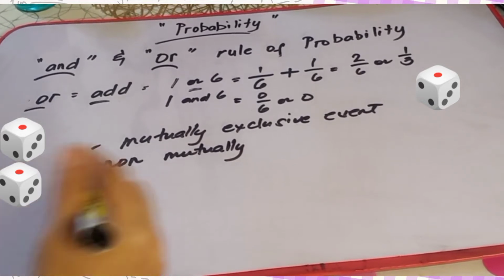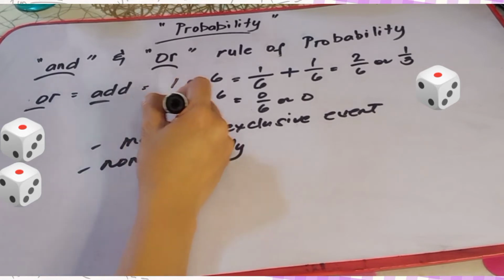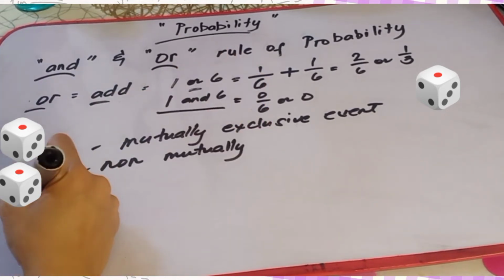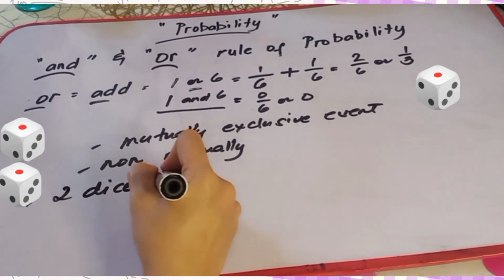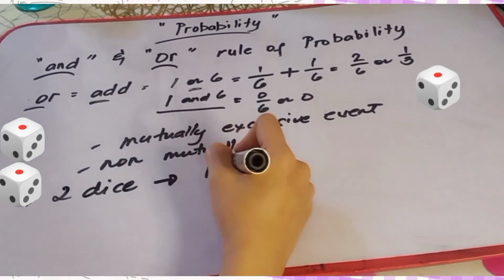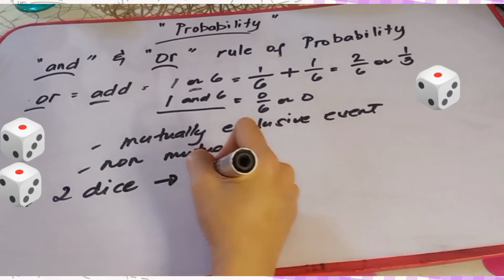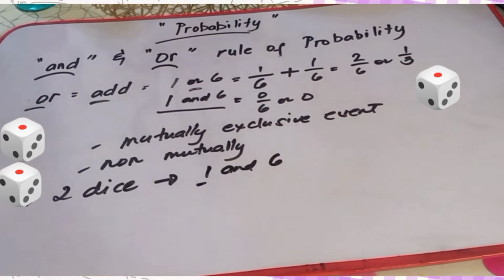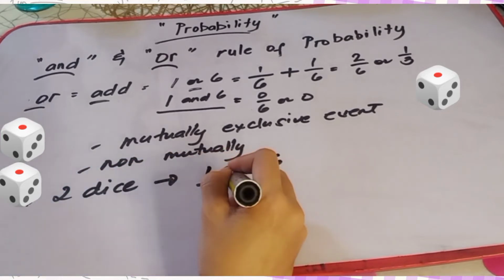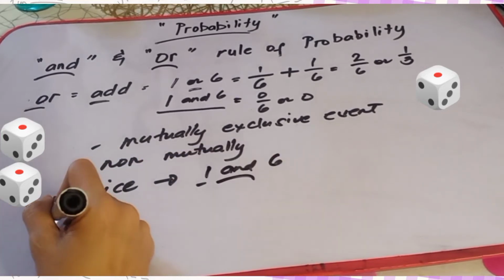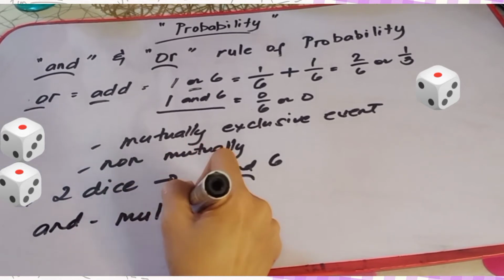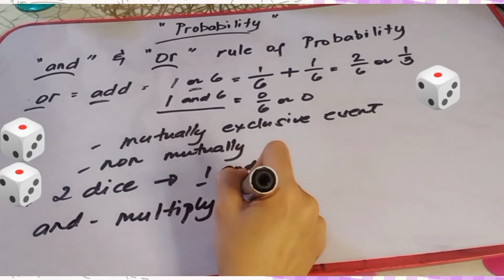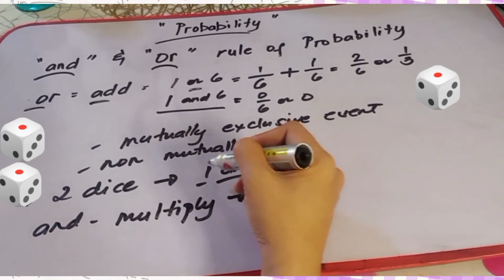Okay, so, let's try to answer 1 and 6 this time having 2 dice. Okay? So, meron tayong 2 dice at pinapahanap sa atin yung probability of getting 1 and 6. So, kung sa or, nag-add tayo, this time naman, pag ginagamit natin yung and, magmumultiply naman tayo. Okay. So, let's try to answer 1 first.